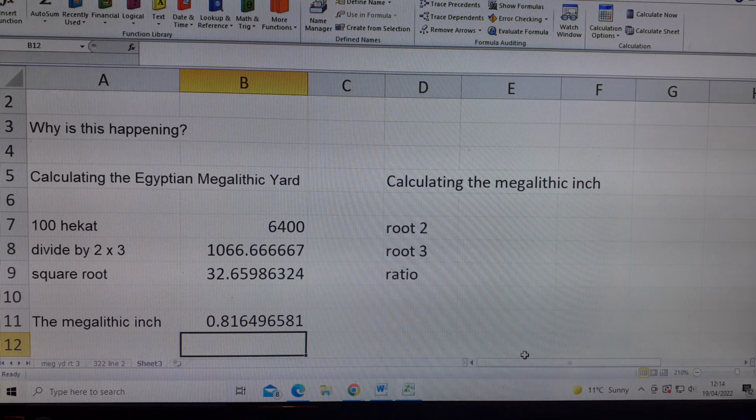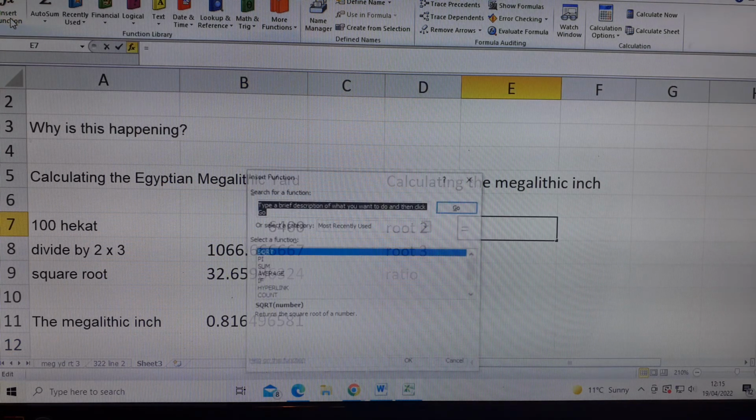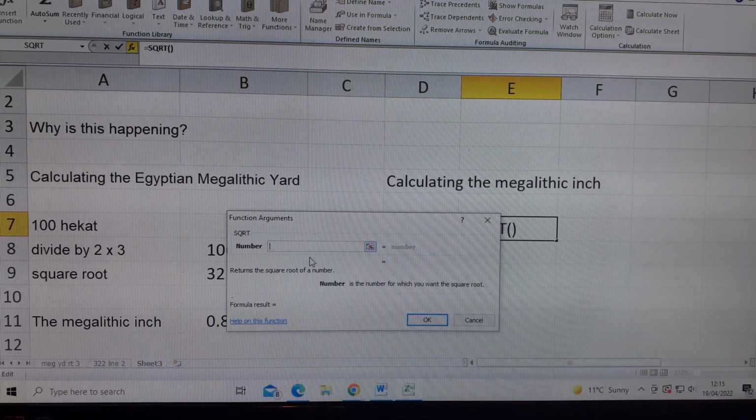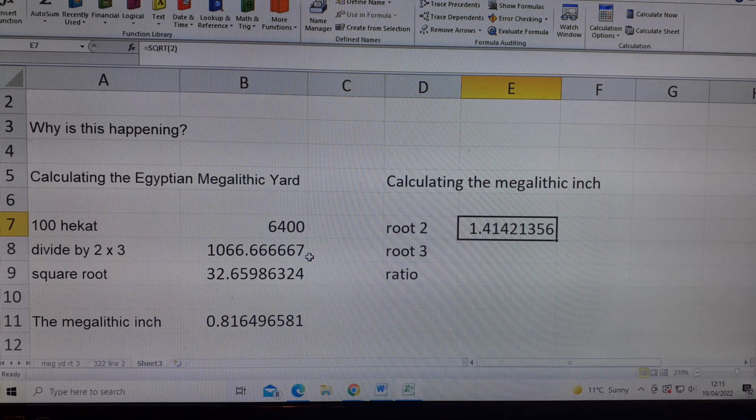But this calculation is using real root 2 and real root 3. And it's demonstrating that they knew what these numbers were within the context of this calculation. So we go for root 2 and we have to insert the function square root, and we put 2 in there, we get the square root of 2.